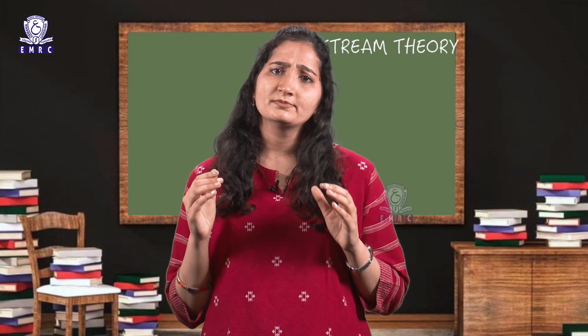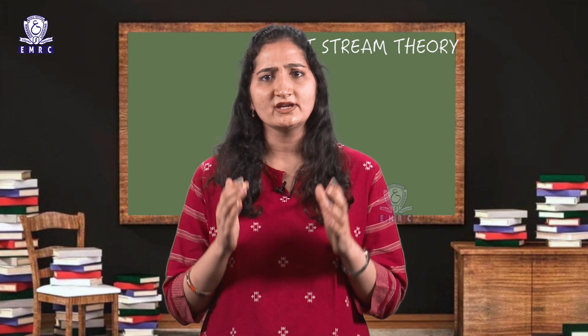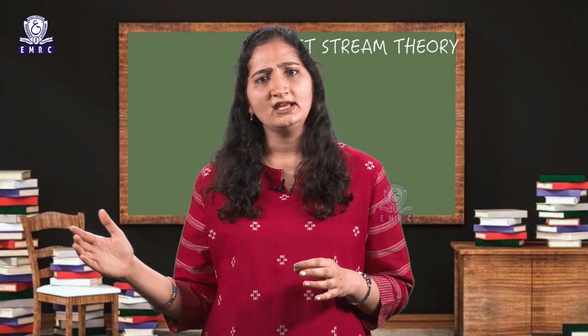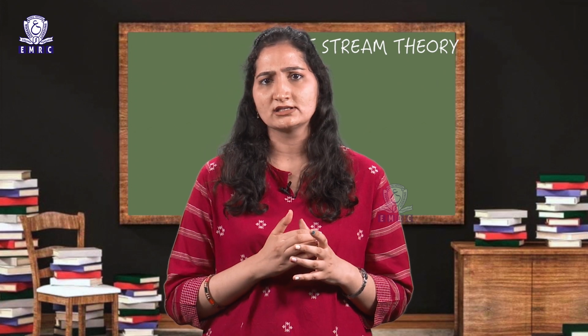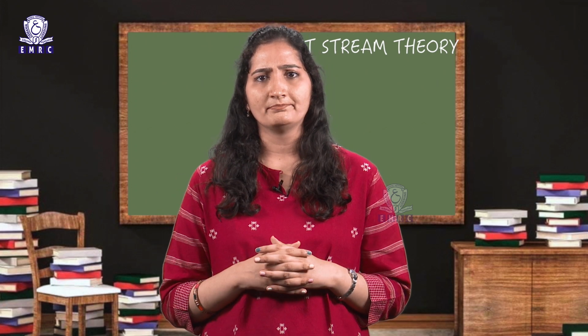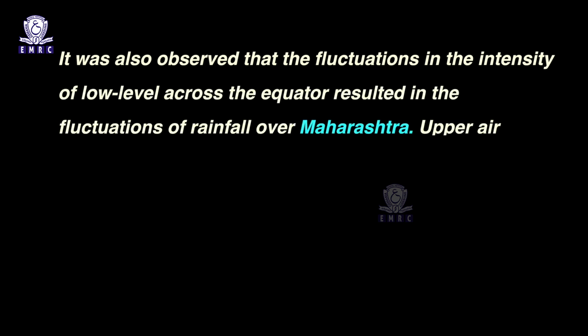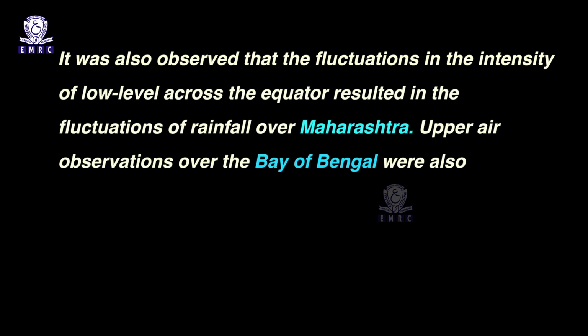It was observed from these experiments that there is a specific zone off the coast of Kenya where the monsoons from the southern hemisphere cross the equator on their way to India. It was also observed that the fluctuations in the intensity of the low level flow across the equator resulted in the fluctuations of rainfall over Maharashtra. Upper air observations over the Bay of Bengal were also made in 1977.